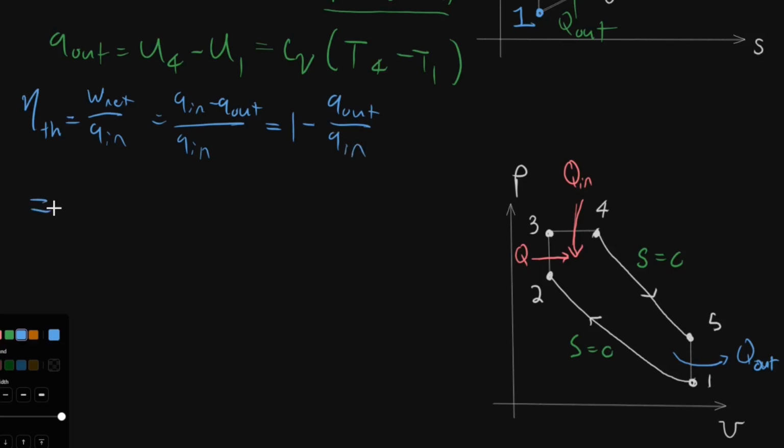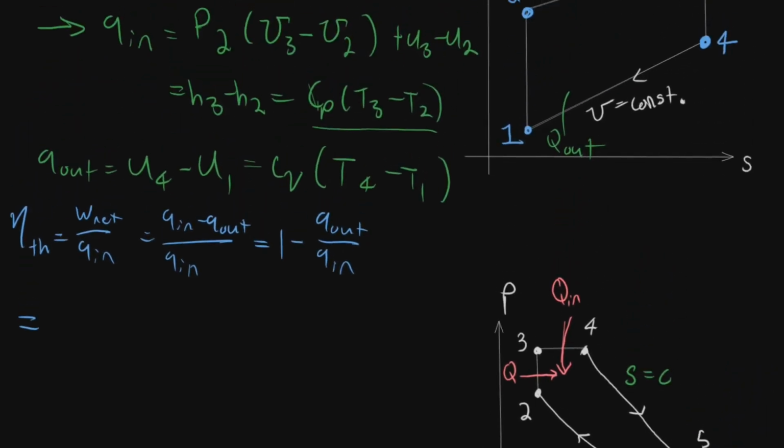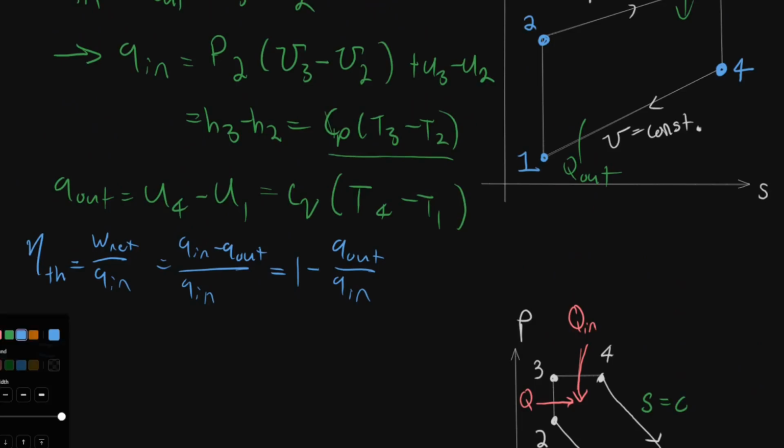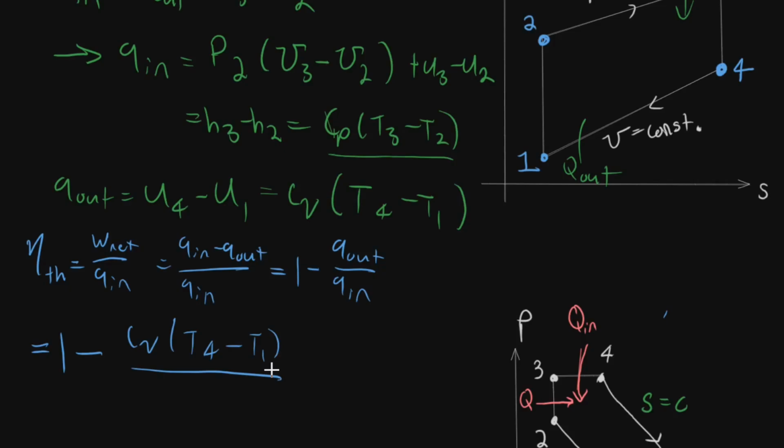Now if we plug in our Q out and Q in that we solved for, we would just do 1 minus Q out over Q in, where Q out here is our CV times T4 minus T1, and our Q in is our CP times our T3 minus T2.